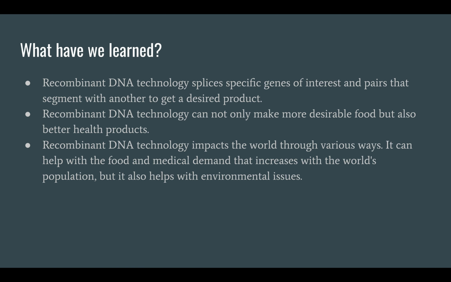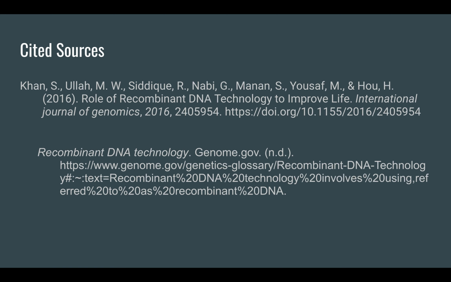You would be able to manipulate the offspring of whatever you want the desired trait in to specifically have what you're looking for. So these are my cited sources and this is the end slide, and that was my research topic on recombinant DNA technology.